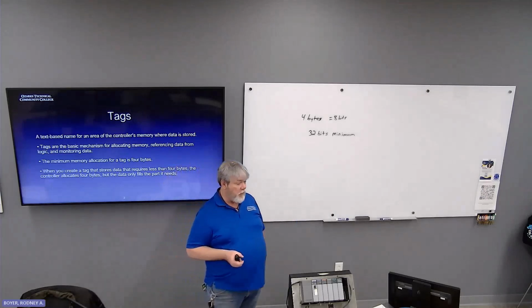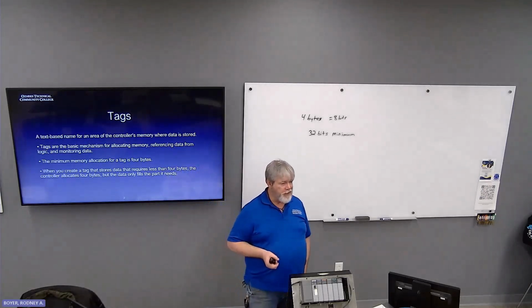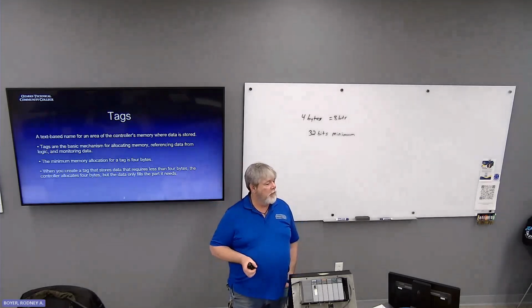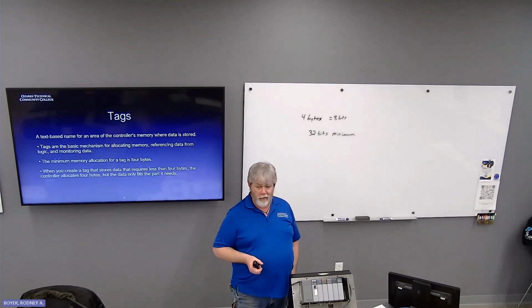The minimum is 32, but you can go up to 64 in a single data type, which would be a real, or for the rest of the world, a floating point value, decimal number.